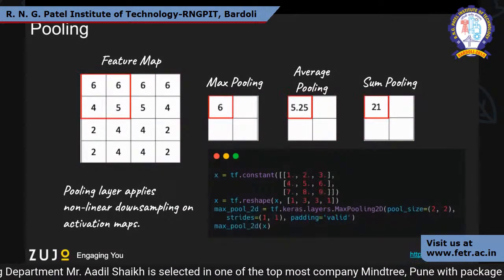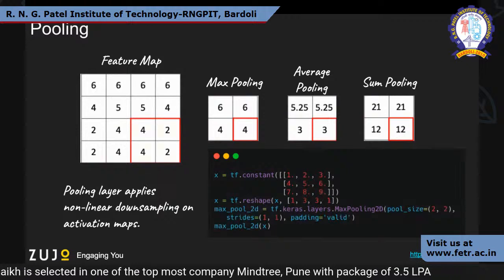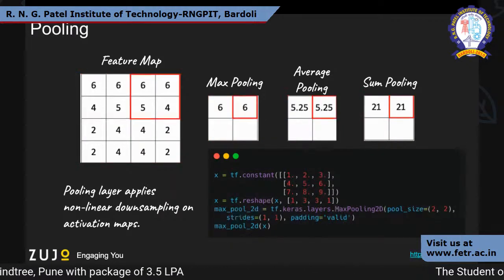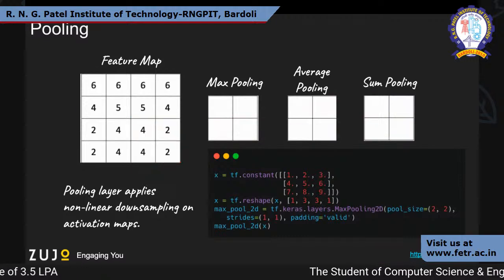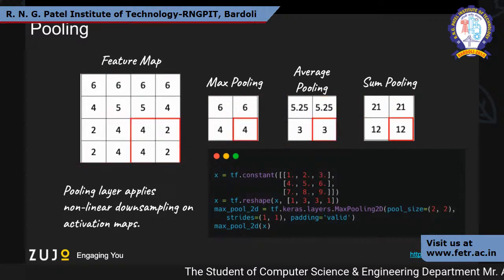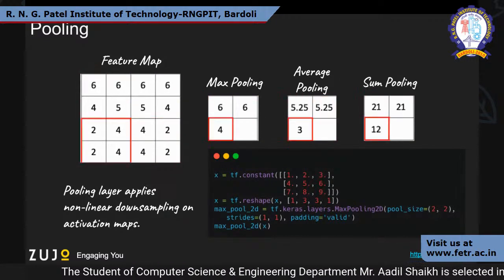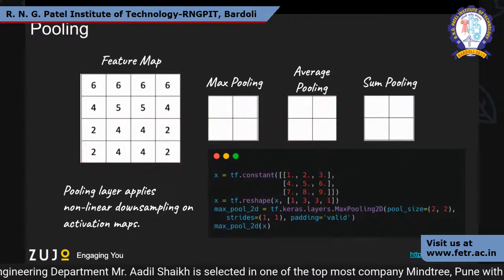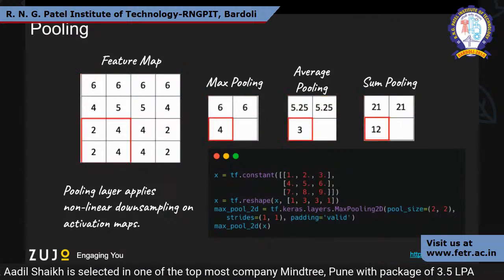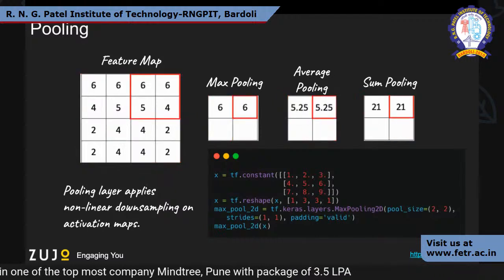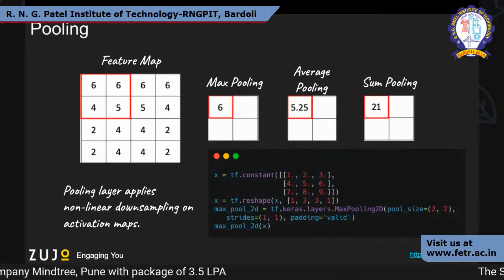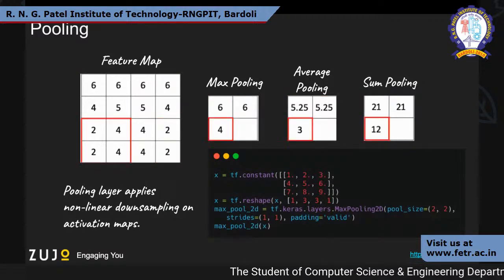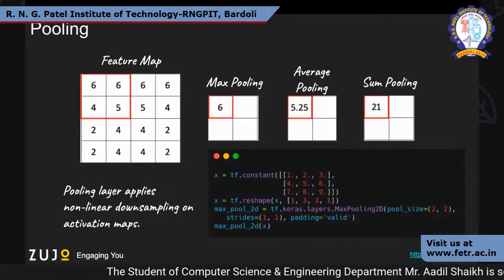In max pooling, the first array, as you can see, the sixth value matters the most, because it is the pixel which we are going to go forward with, right? The same thing has been converted into code at the bottom of the slide, where you can see x as a 3 by 3 vector, which has been reshaped or flattened into 1 by 3 by 3 by 1.